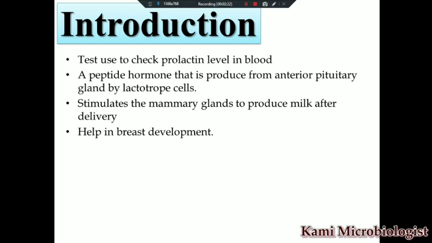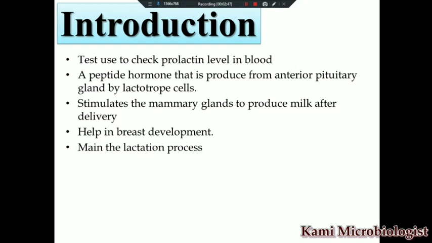So when the breast size is increased, a large amount of milk will be stored. So if the milk is increased, obviously the breast size is also developed and large.